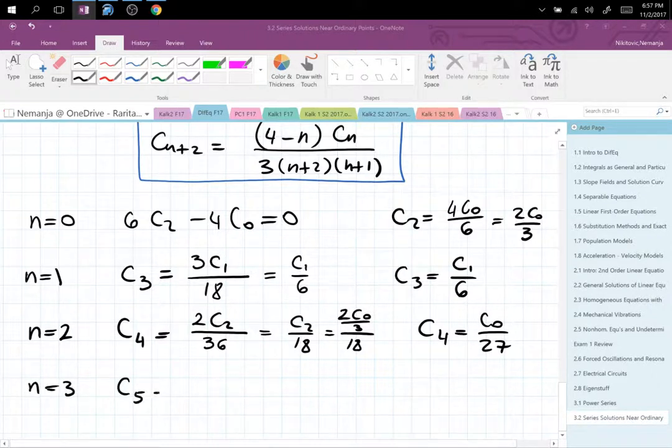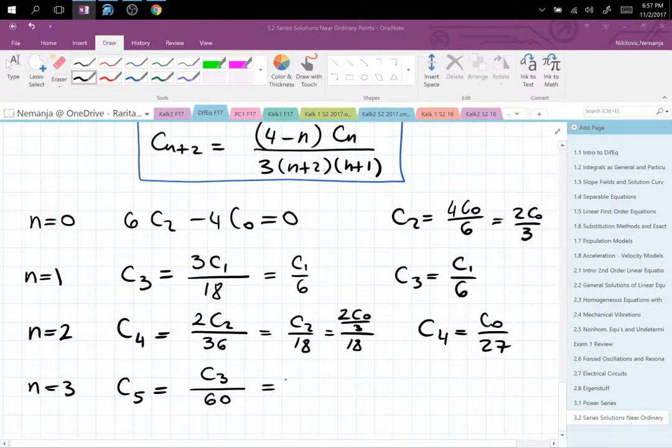N equals 3. That's a c5. So we have just a Cn, so that's c3 divided by, when you plug in 3, you get 3 times 5 times 4, 60, yeah.